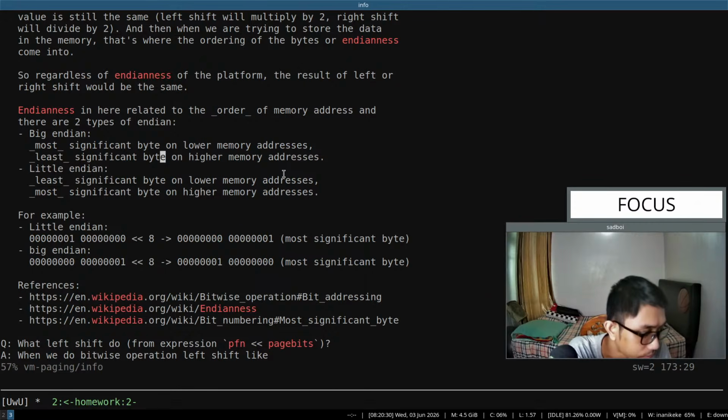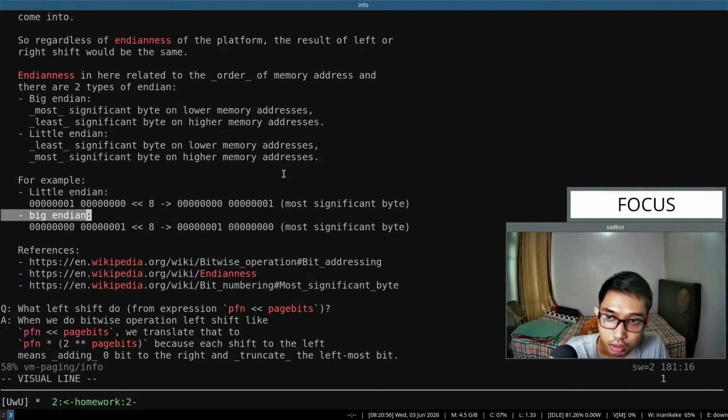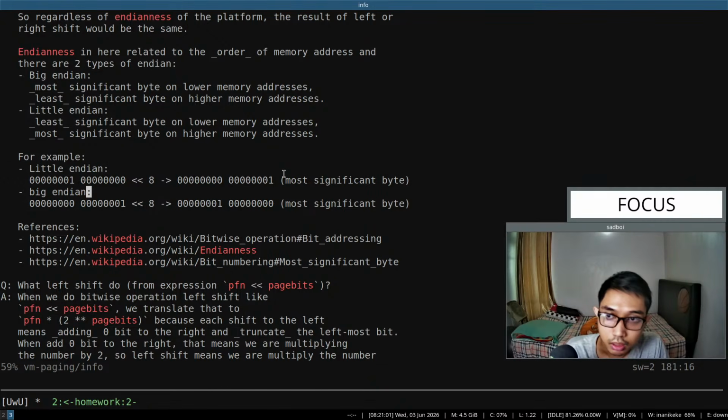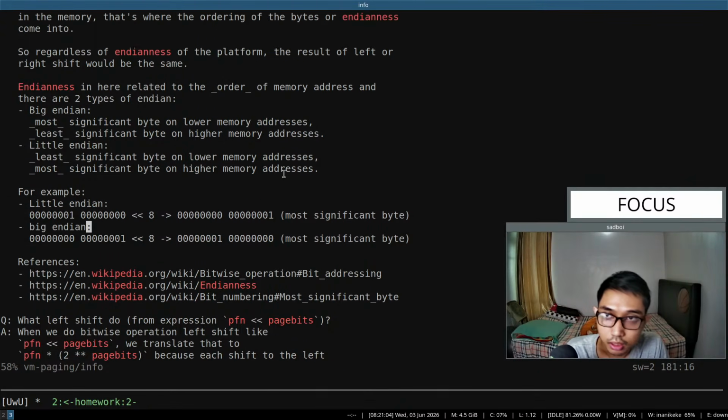Think about how that one would move after it's saved. Python will not show you endianness. Oh, okay. Endianness is just how it's stored in memory. Alright. But now I'm curious, is there any difference when using little endian or big endian here?